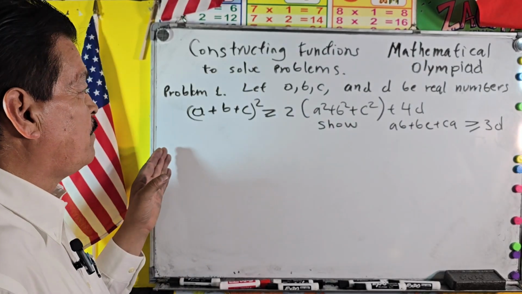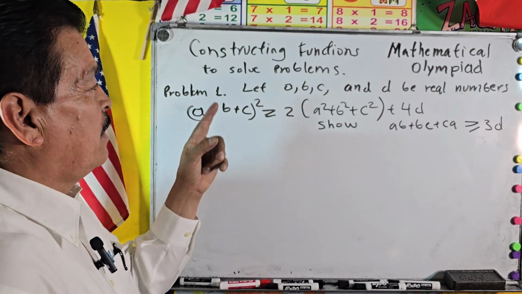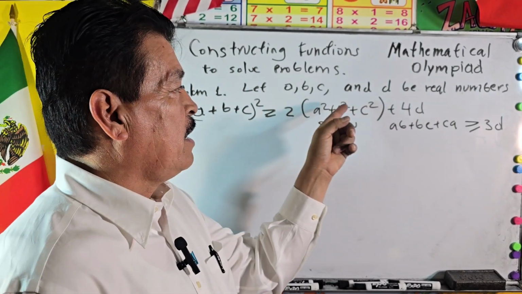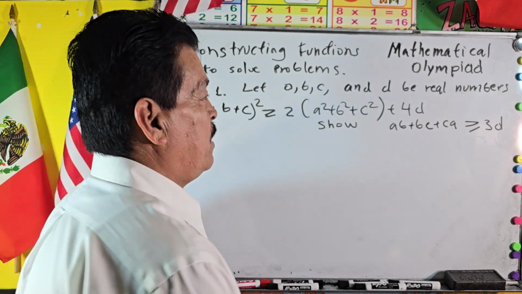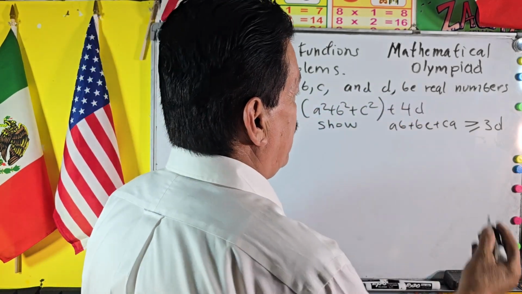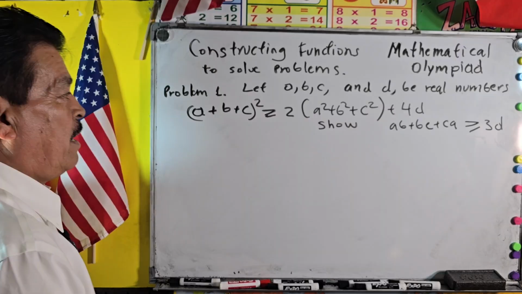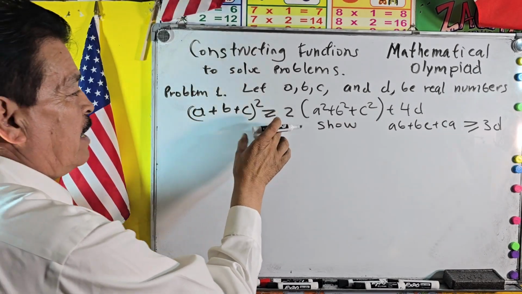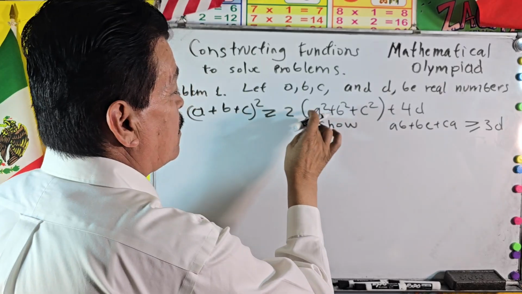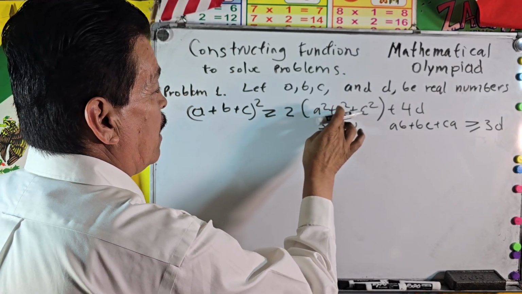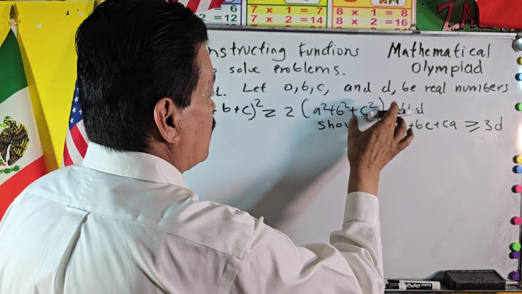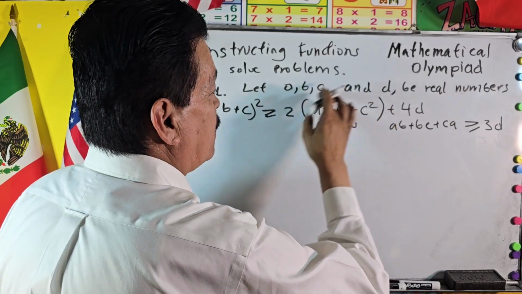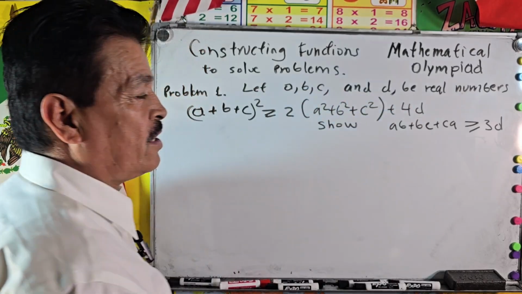In our case, number one, let a, b, c, and d be real numbers. (a plus b plus c) to the second power is greater or equal than 2 times (a to the second power plus b to the second power plus c to the second power plus 4d).